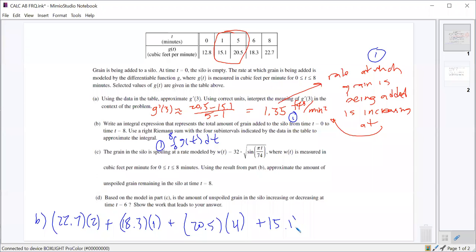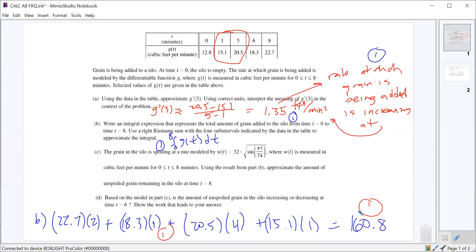And 15.1 times the length of that subinterval, which is 1. And that came out to be 160.8. One more point for this, one more point for this. Good or no? Great. Yeah.